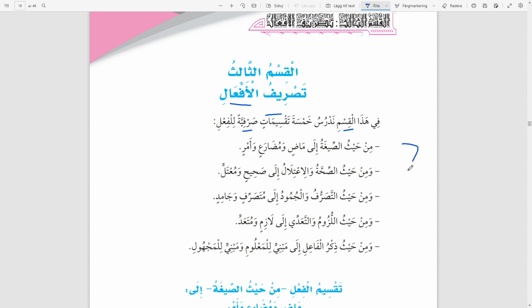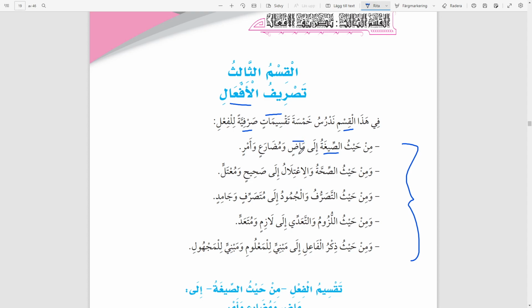So these 5 are the categorizations. So one is the form, الصيغة. So the verb is categorized or split into 3 forms, well, more accurately, tenses.